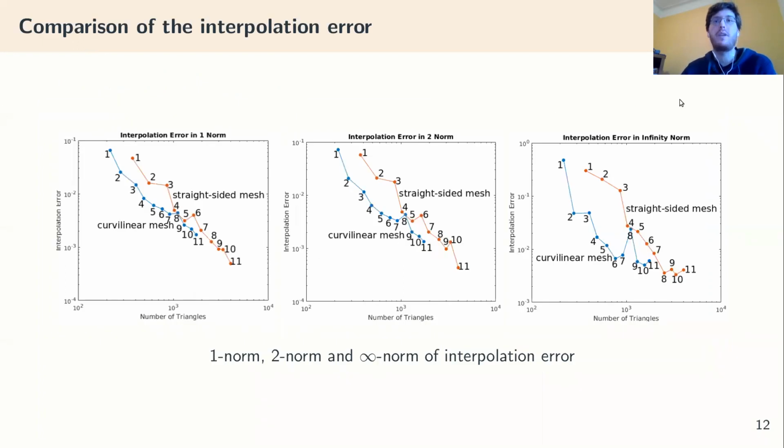I forgot to mention it in the beginning, but the aim is to get a better interpolation error than we would have when we compare it to an anisotropic mesh.